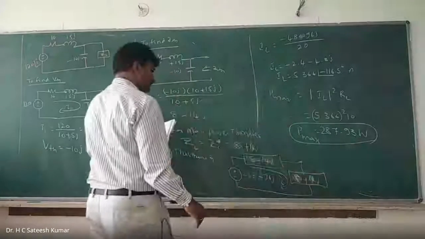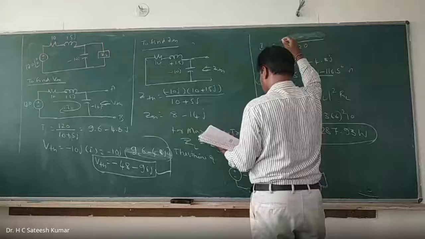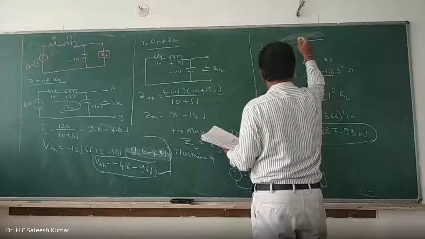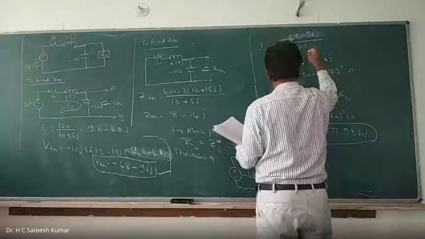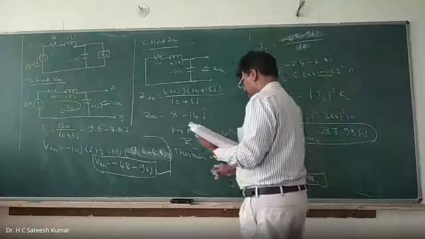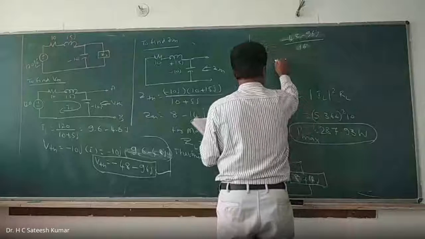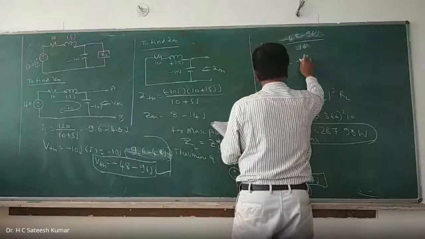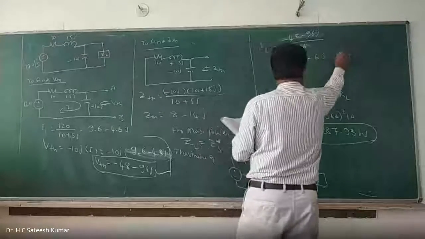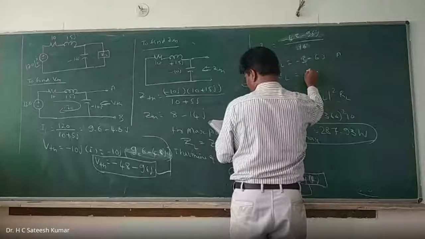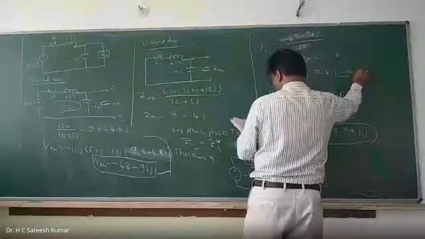Okay, see how much it becomes. Sorry, that is correct: minus 48 minus 96J divided by 8 plus 8, 16. IL is equal to minus 3 minus 6J. Convert IL to polar: 6.708 at 116.5 degrees.